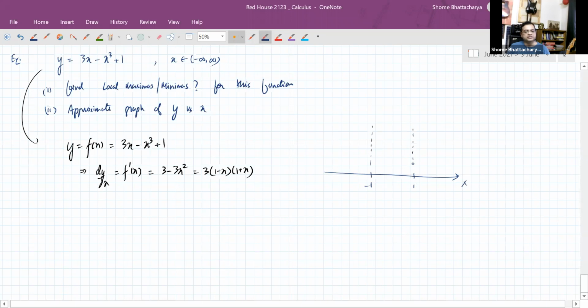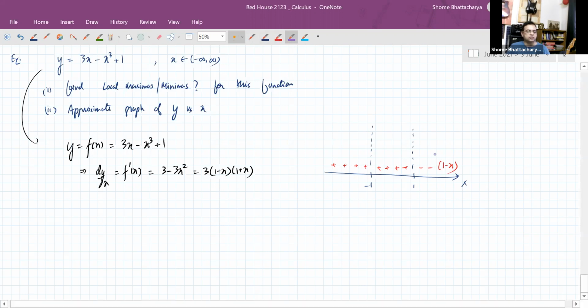The derivative is the product of two things: 1 minus x, which is positive for x less than 1 and becomes negative the moment x is greater than 1, and it's 0 at 1.